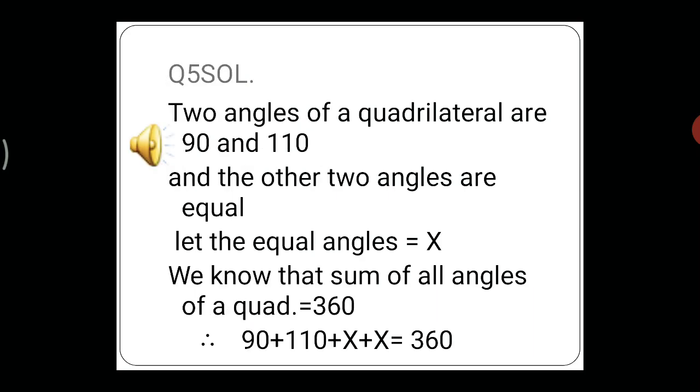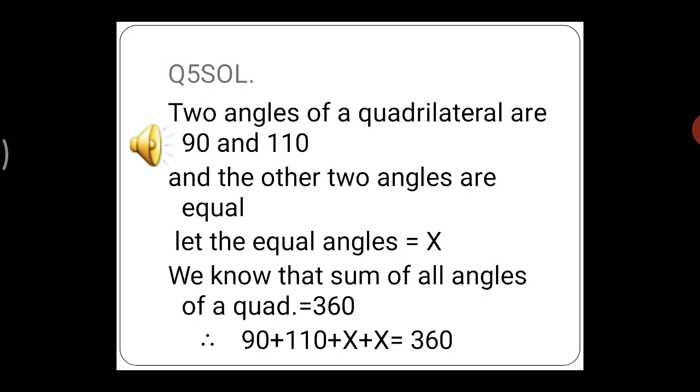Question 5. We have a quadrilateral whose two angles are 90 degrees and 110 degrees, and the other two angles are equal. We have to find the equal angles. Let us suppose the equal angles be x, and we know the property that the sum of all angles of a quadrilateral is 360 degrees. So we can add all these four angles, that will add up to 360 degrees.